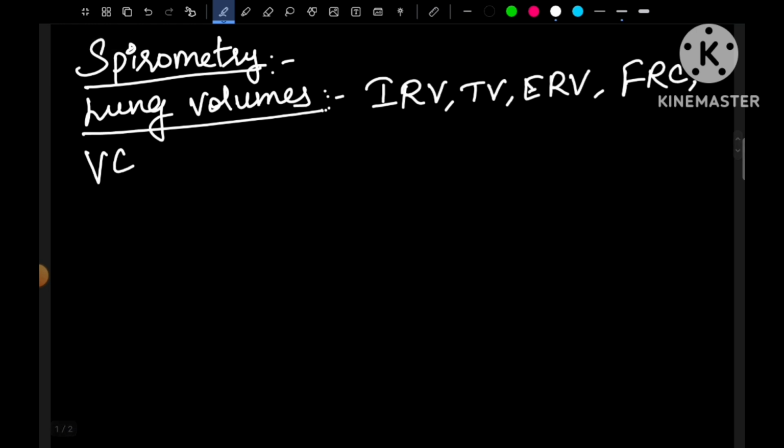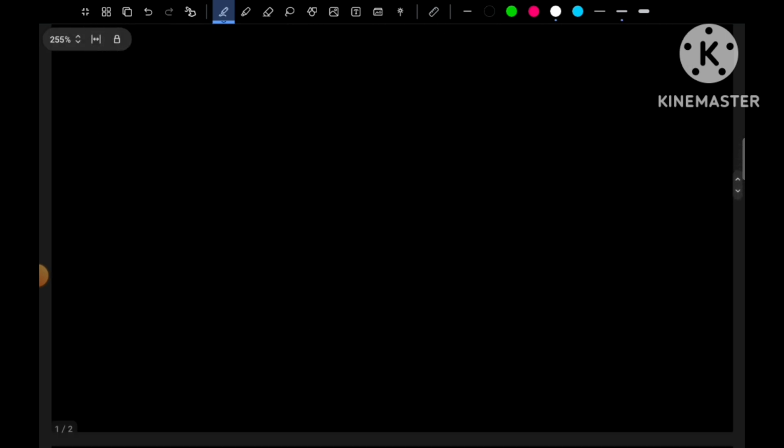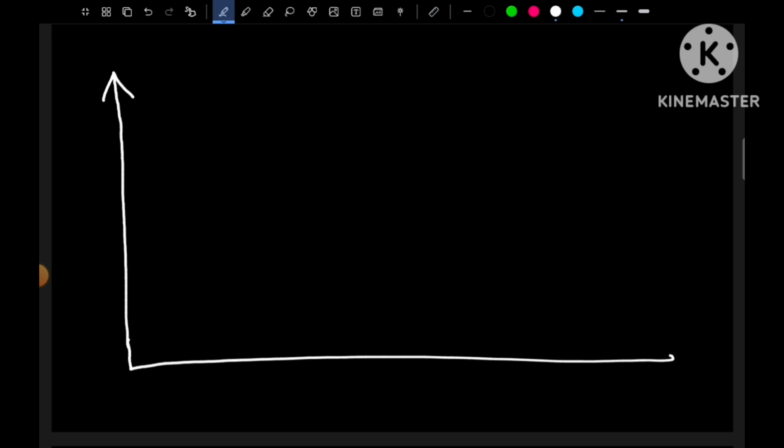So let's draw it. As usual, I am going to draw the diagram and explain, so that it will be easier than downloading and putting a diagram. We'll draw here itself. So what is the y-axis and what is the x-axis?